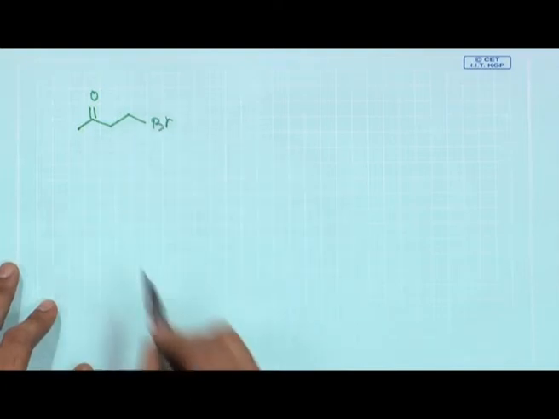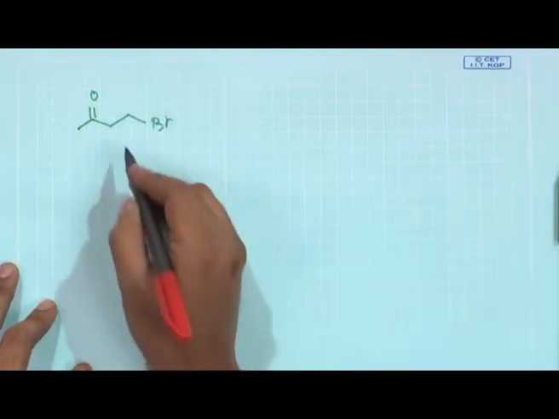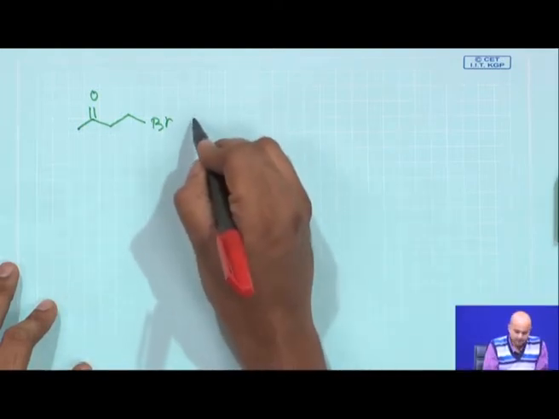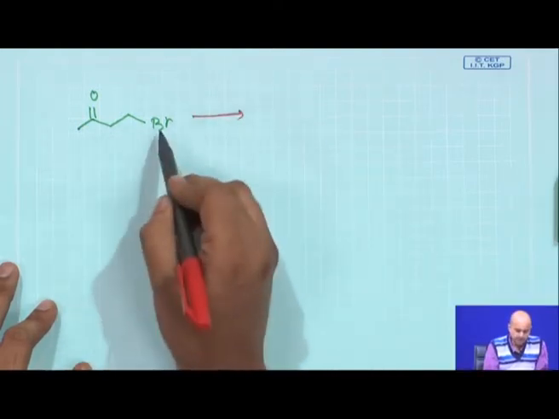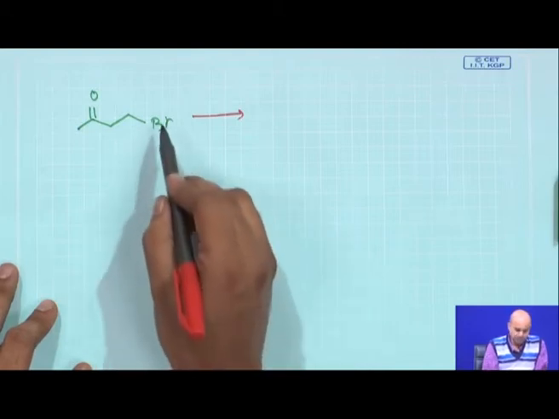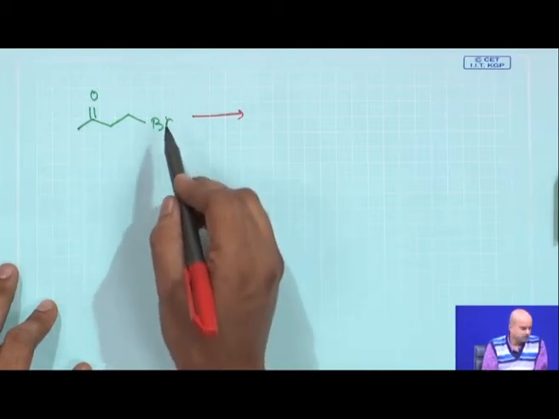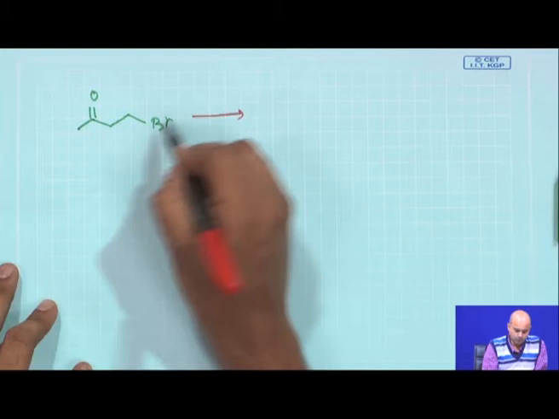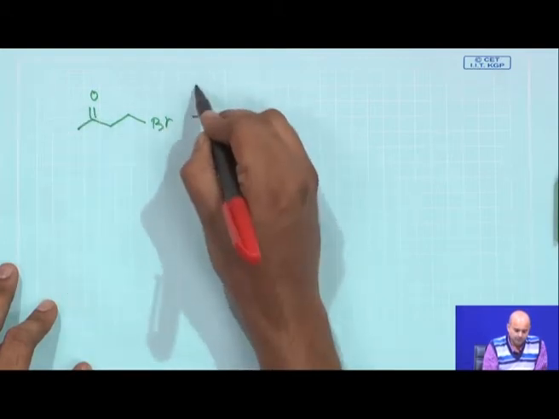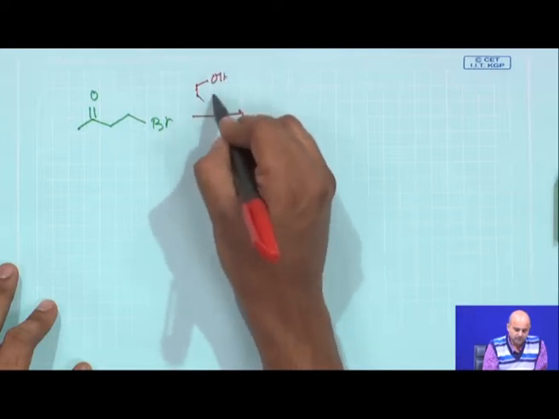This starting material was easily available, and then as I said, with this starting material you are trying to have some reaction on this side. So, you first protect this ketone group with ethylene glycol.